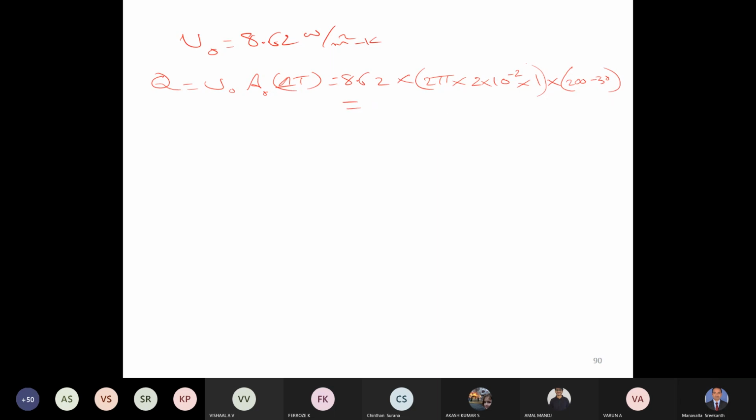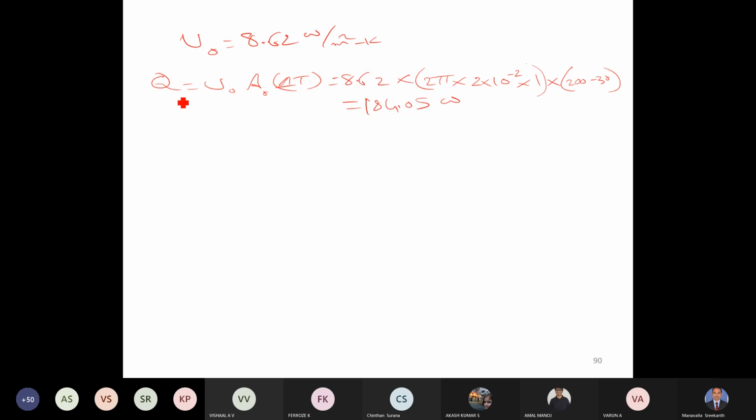If you calculate this, you get 184.05 watts.